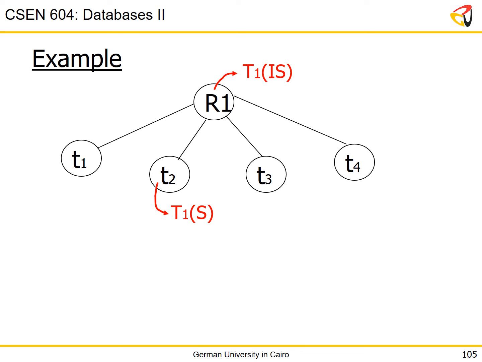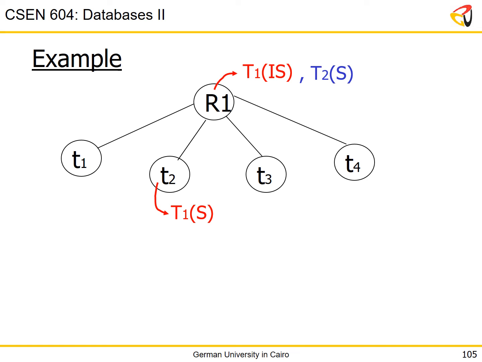But I don't really need a shared lock on the whole relation. I need it on something that is way below in the tree. So it goes declaring its intention. Either it gets it or not. If it doesn't get it, it will be blocked and queued inside the node that has the label R1. If it gets it, it will move down. It will follow the reference down to T2.